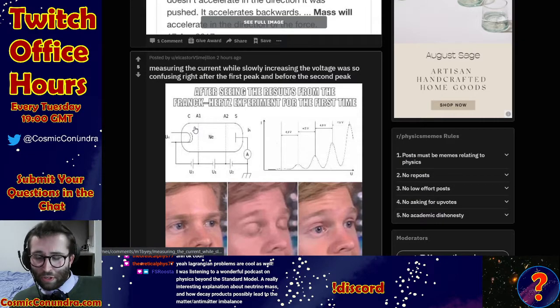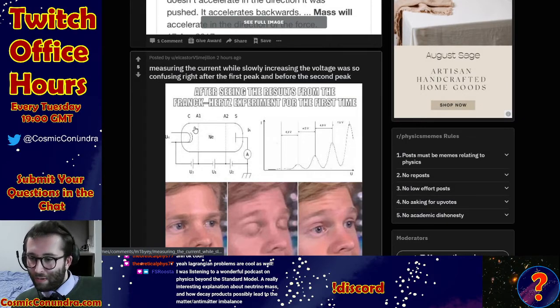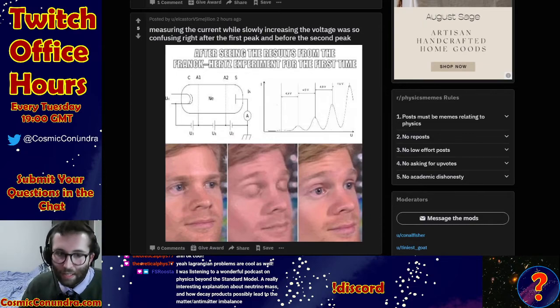And in fact, the problem of neutrino masses is also a big problem in physics beyond the standard model. People don't really understand how you generate neutrino masses, what kind of particle a neutrino even is, whether it's a Majorana particle or a Dirac particle in some way. It's all very interesting. I don't know a lot about neutrinos, I'll be honest, but I do find it interesting.